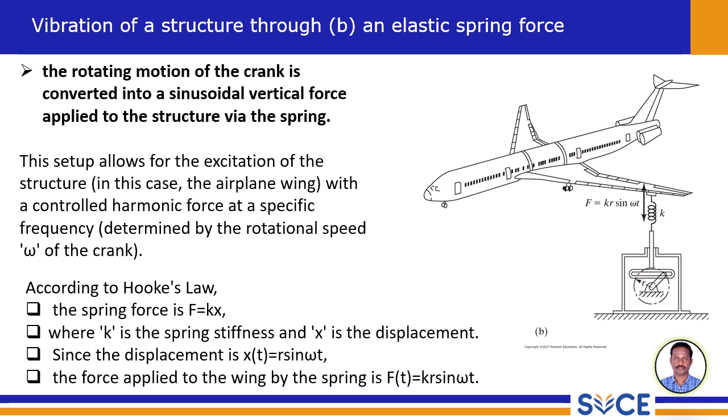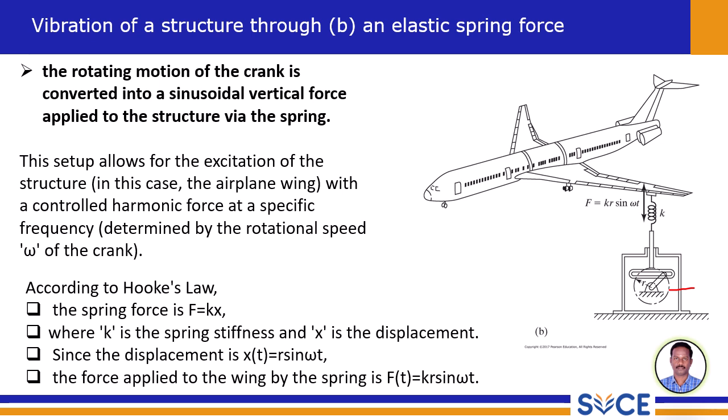In this slide, we are going to see another way the Scotch yoke mechanism can be utilized to excite a structure. In this illustration, the rotating motion of the crank is still the initial driver. However, instead of directly applying an inertial force, the mechanism is used to generate a sinusoidal vertical displacement.